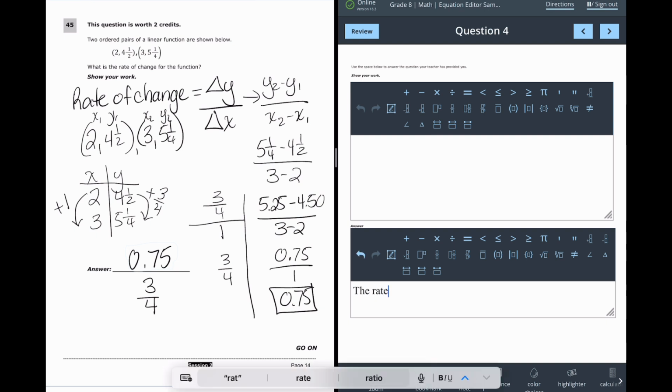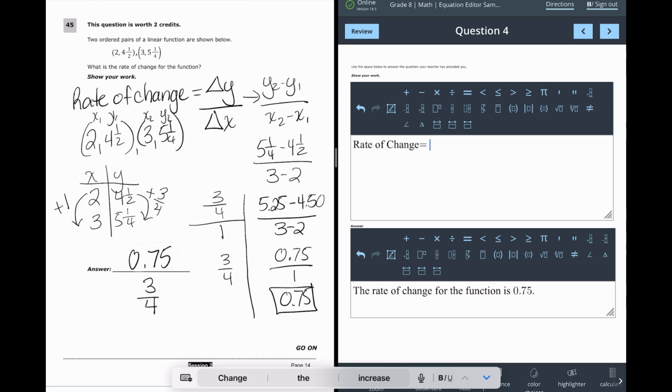So first I'm just going to put in the answer. What is the rate of change of the function? Let's restate it. The rate of change for the function is 0.75. Done. Now I have to explain how I got the rate of change, and use the way that makes the most sense to you.